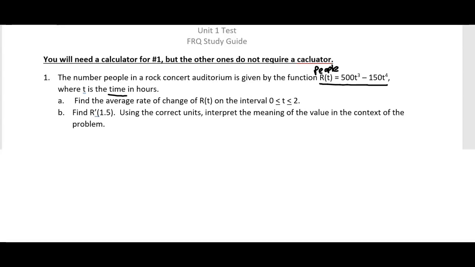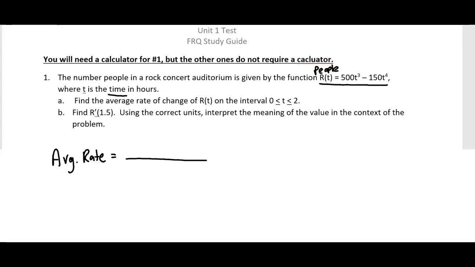Now, part A is asking me to find the average rate of change. As you guys know, the average rate of change, as if you've already looked at your multiple choice study guide, can be found by doing y2 minus y1 over x2 minus x1. Now, in this case, though, we're not dealing with x and y. We're dealing with r and t.